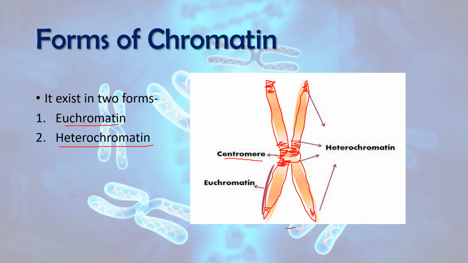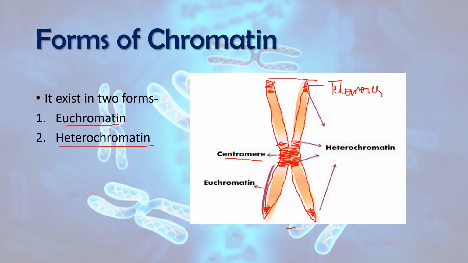So a highly condensed structure of chromatin is found at the centromeric region and at the telomeric region. These are telomeres.